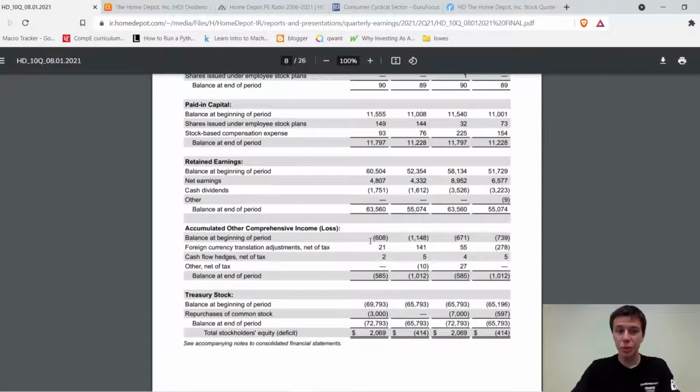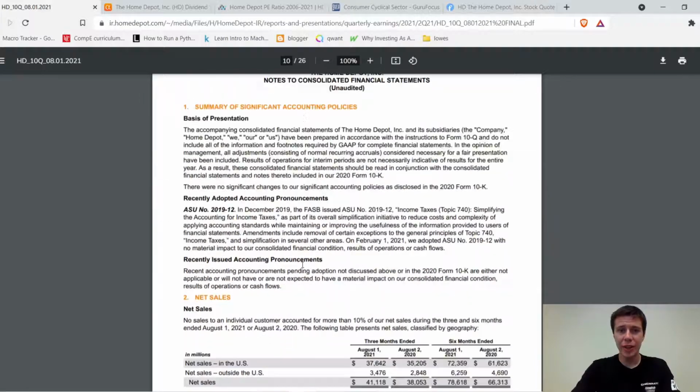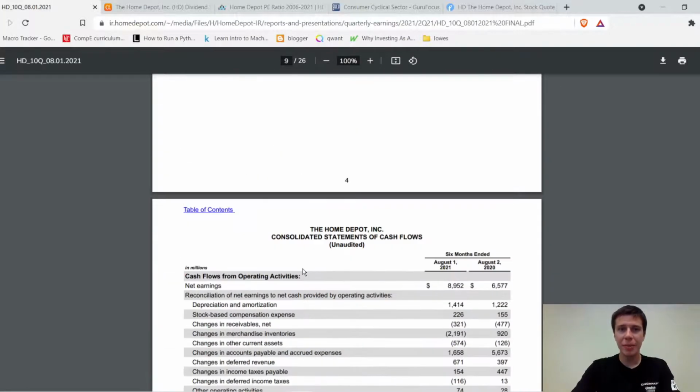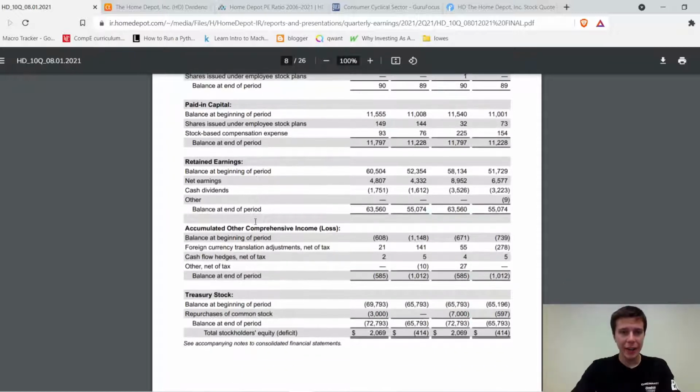So that's pretty cool. And then there was one other thing I wanted to look at down here. I think they had some information about shares outstanding and share buybacks. And I cannot find that right now. But I believe, right here, they spent in this quarter around $3 billion on repurchasing shares of the stock.